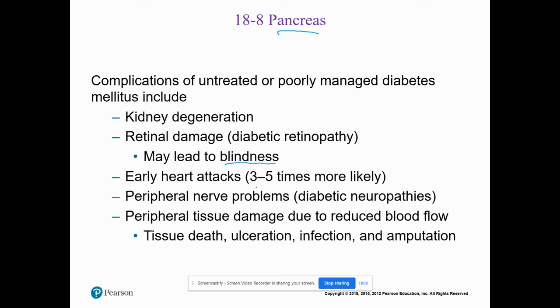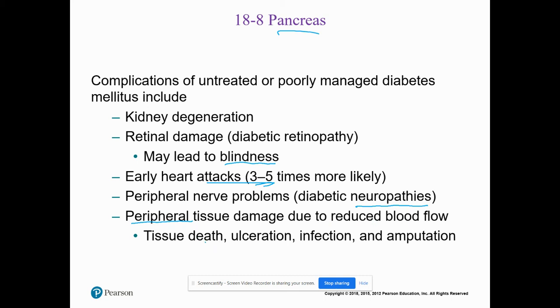Definitely in the United States, you're 3 to 5 times more likely to have a heart attack. And then there's peripheral nerve problems, so diabetic neuropathies. These would be in your legs or your hands, could be even your shoulders and your hips. But you will eventually see the tissue at the periphery start to die if it's not treated because the blood flow is so poor.